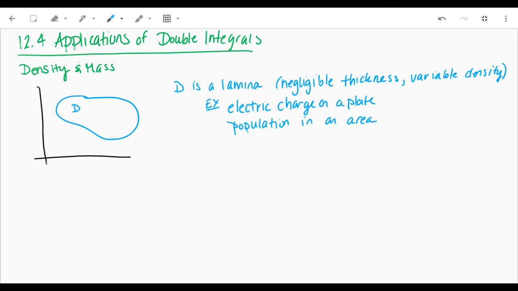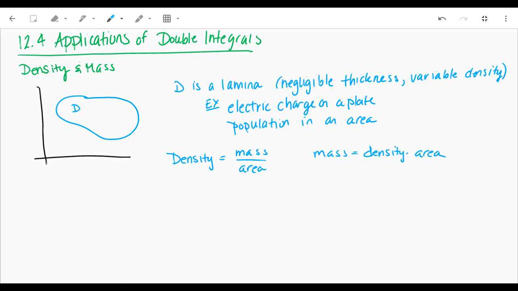It's much more just that surface area there. Okay, and then remember, density is mass over area, which of course then makes mass equal to density times area.